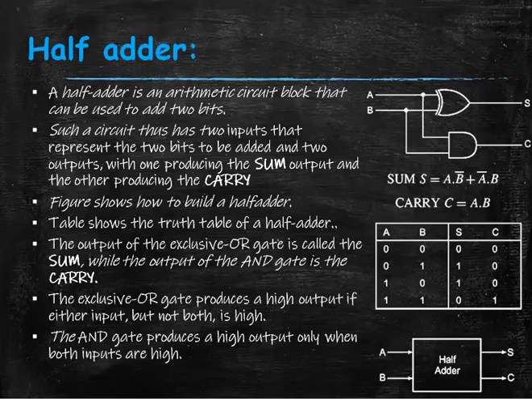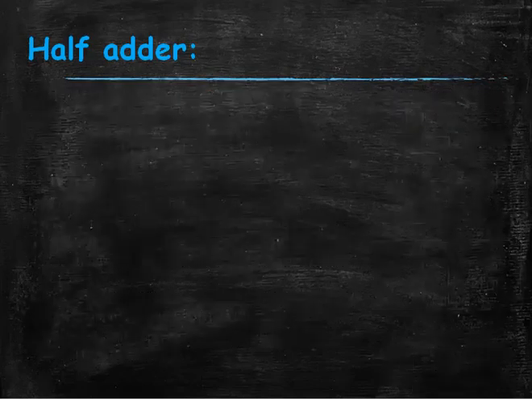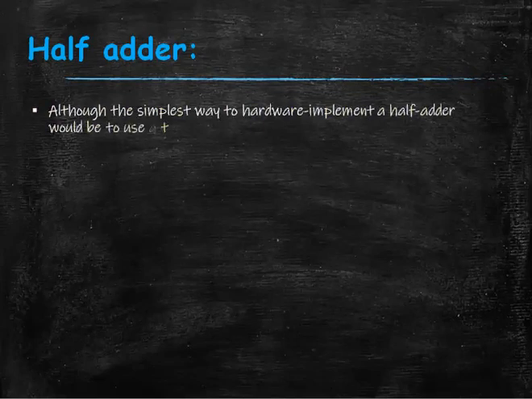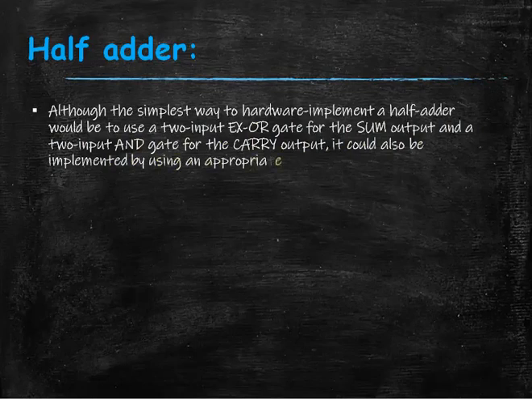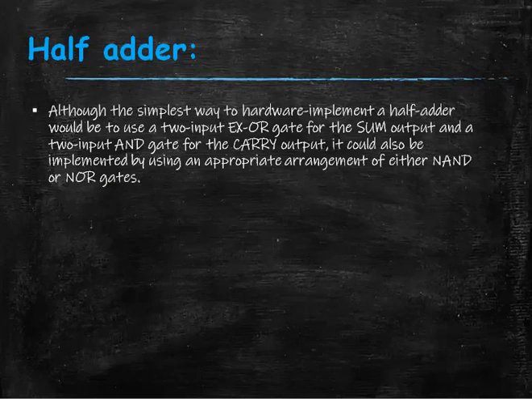Here we represent the half adder using an XOR gate and an AND gate. It was the simplest method to design the logic circuit. It uses an XOR gate and an AND gate.